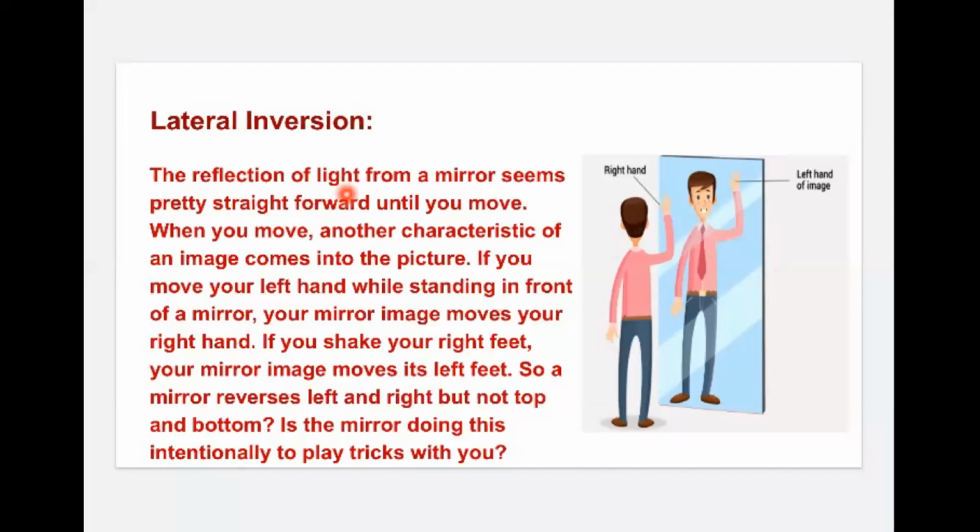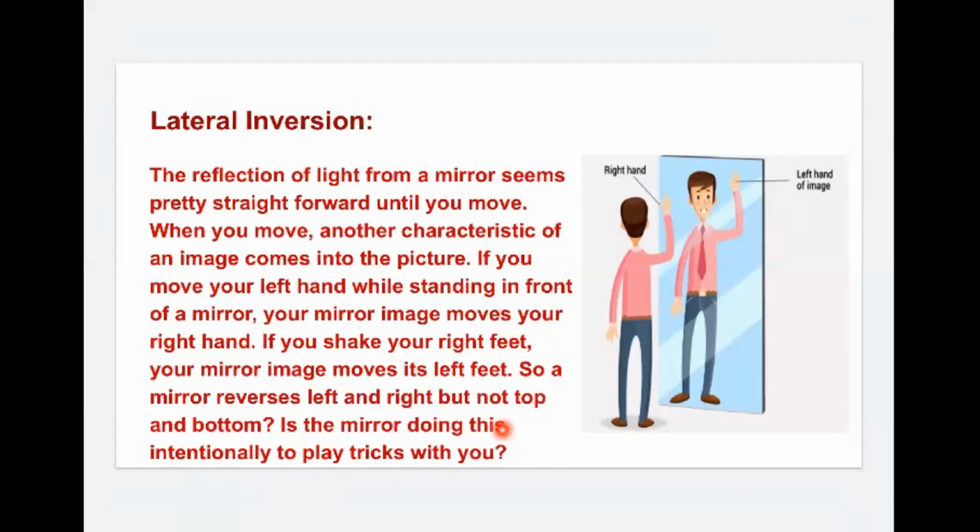The reflection of light from a mirror seems pretty straightforward until you move. When you move, another characteristic of an image comes into the picture. If you move your left hand while standing in front of a mirror, your mirror image moves its right hand. If you shake your right foot, your mirror image moves its left foot. So a mirror reverses left and right, but not top and bottom.